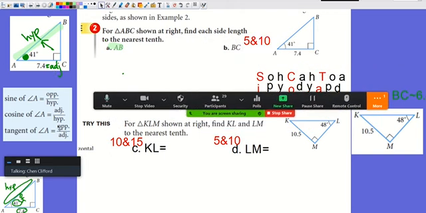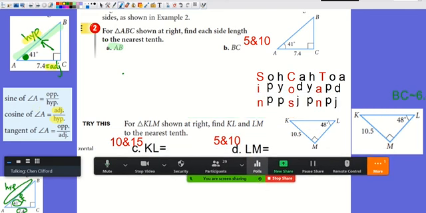So which function out of these blue boxes literally says adjacent and hypotenuse? The answer is cosine. Look, cosine says adjacent and hypotenuse, and we are therefore going to be using cosine.